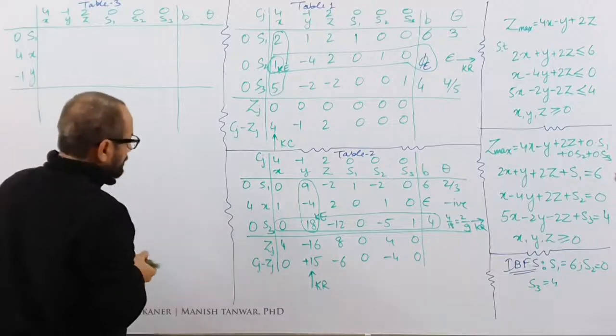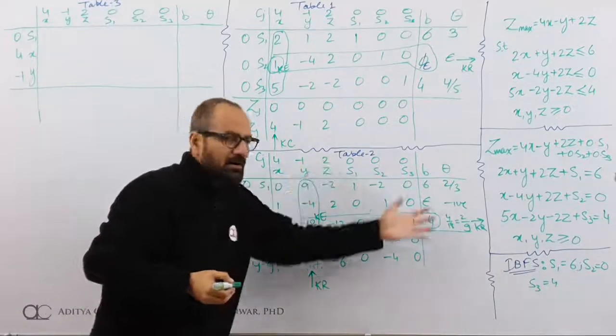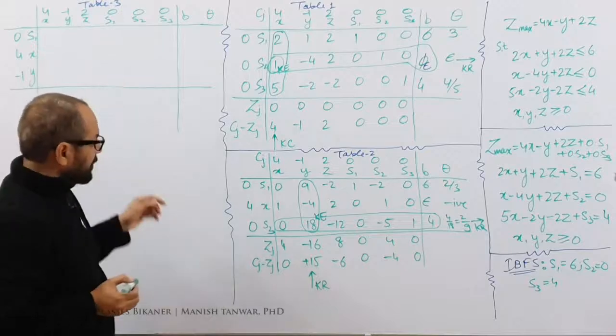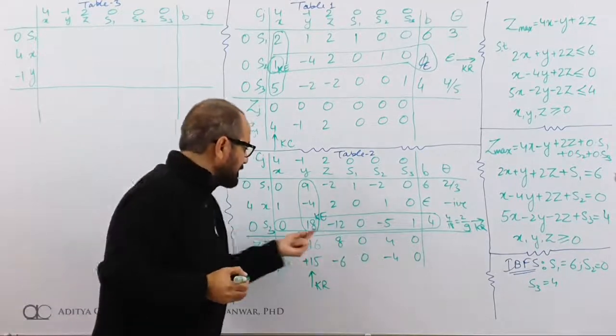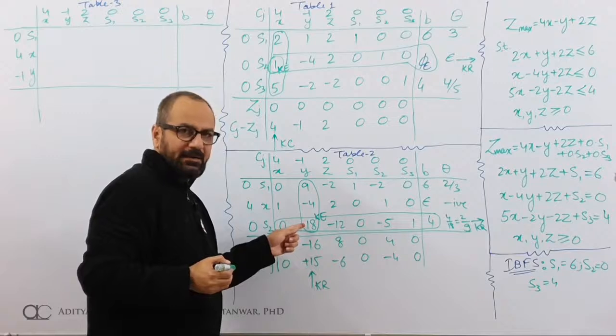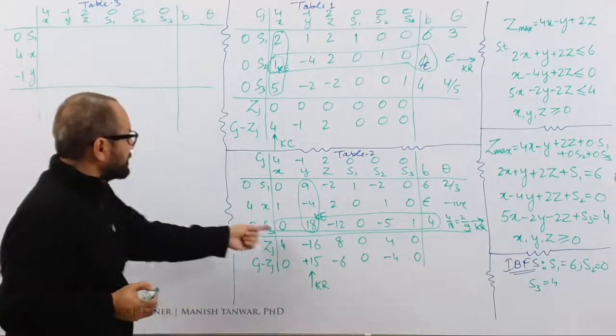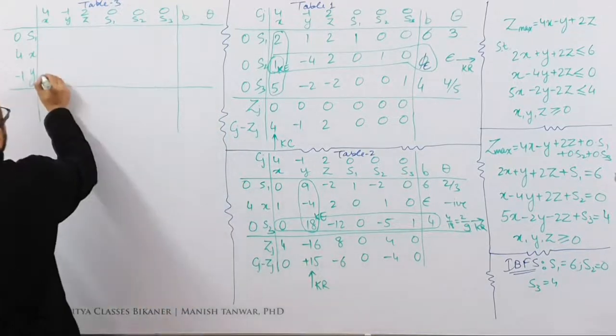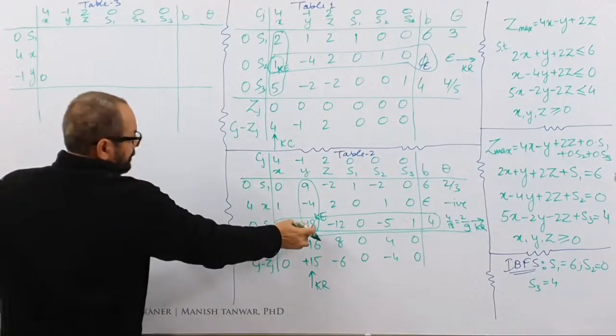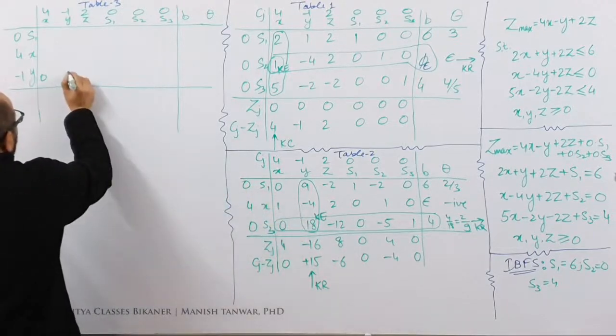Now we need to transfer all these to our new table. We'll divide all these values by 18 to reach our new table. 0 divided by 18 would be a 0. 18 divided by 18 would be a 1.